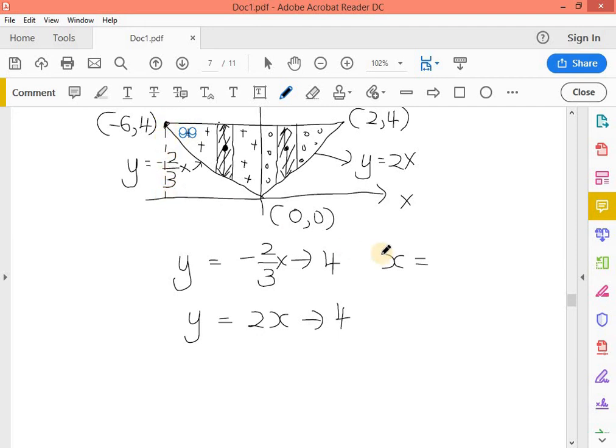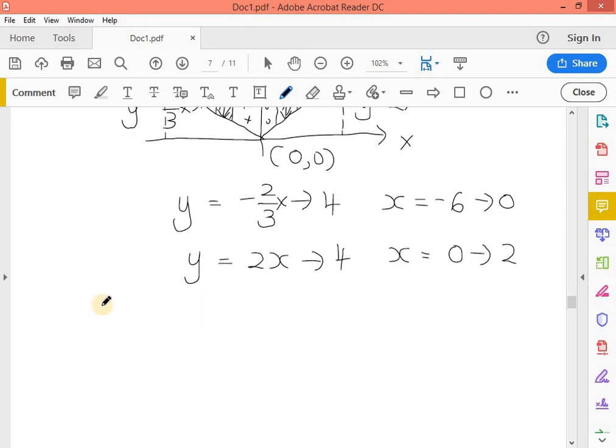I will have negative 6. When I move to the maximum point, 0. Okay, how about this one? Minimum is 0. Maximum is 2.